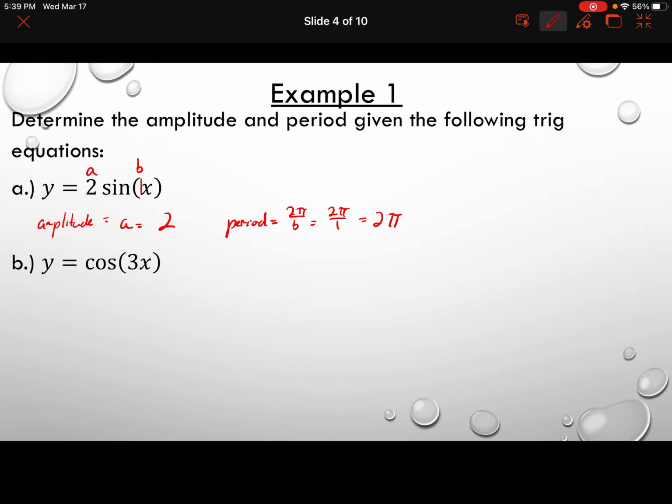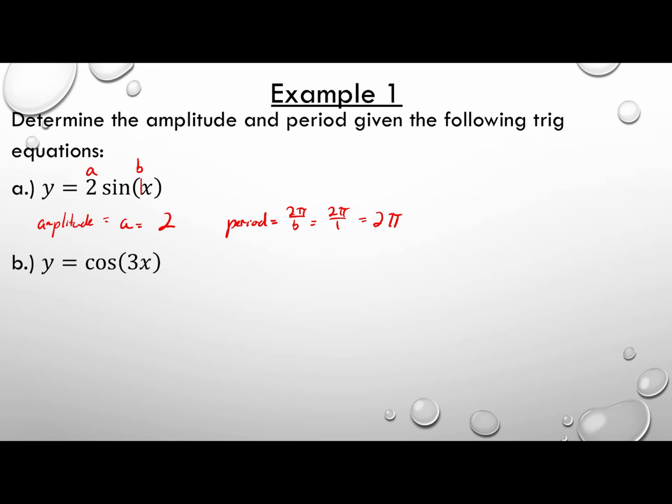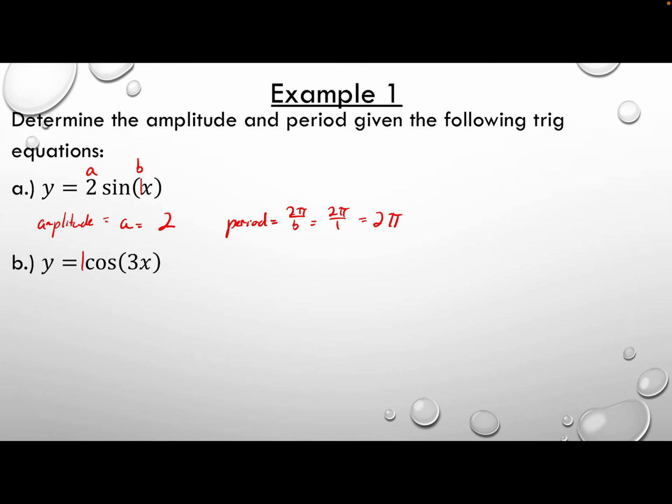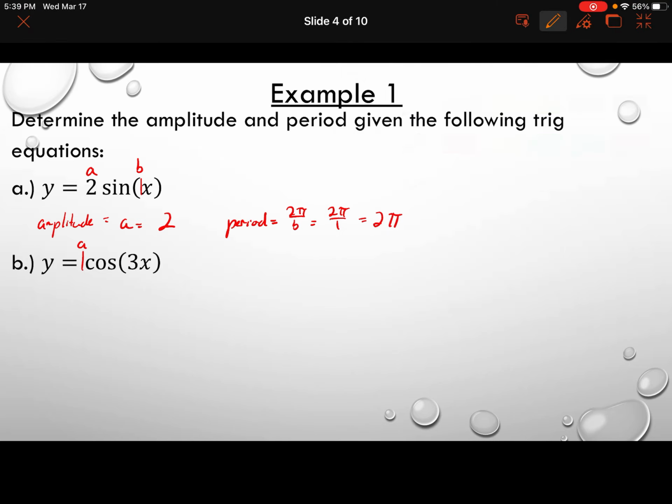Once again, the a value is whatever number is being multiplied in front of the function. In this case, it would be 1, because it's not explicitly written there. But this time, our b value is not invisible, our b value is 3.